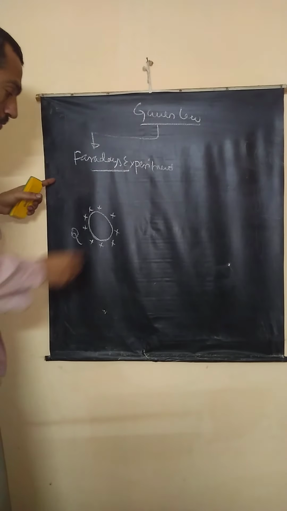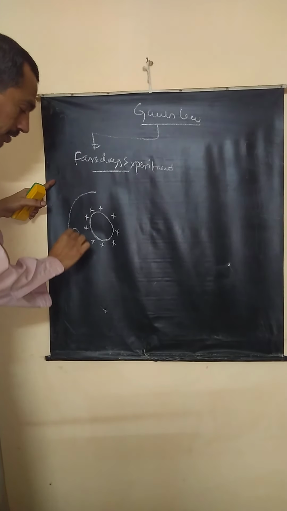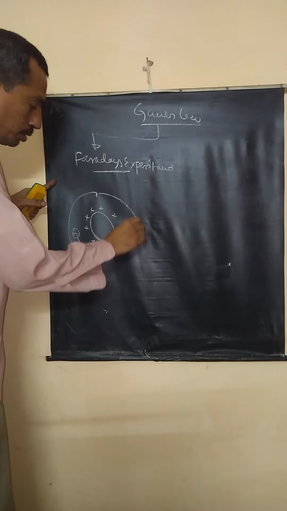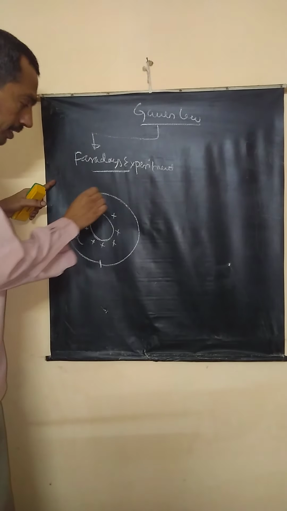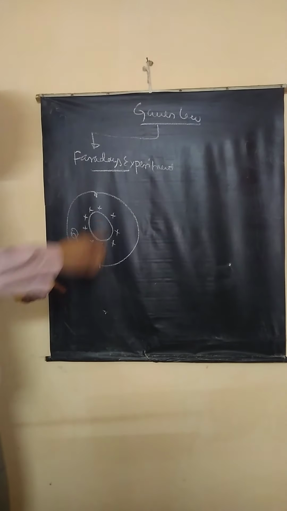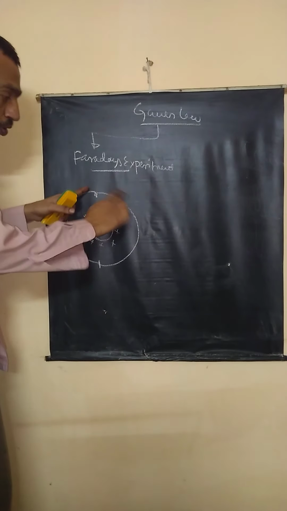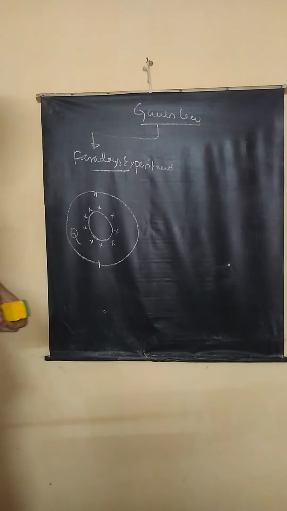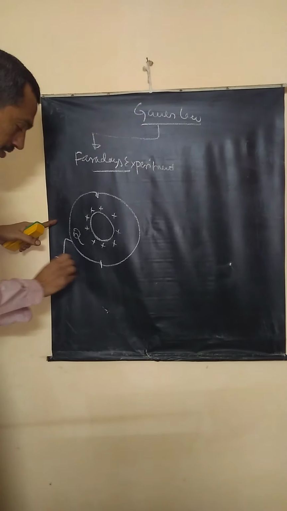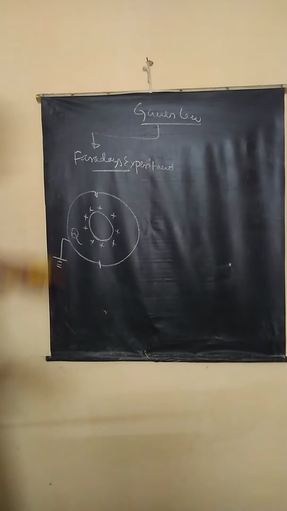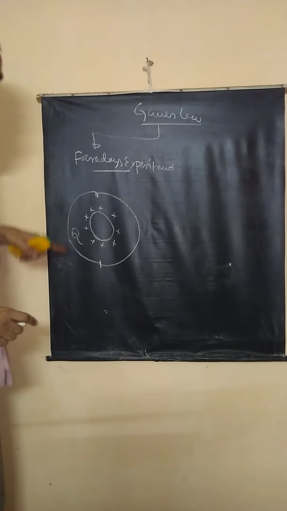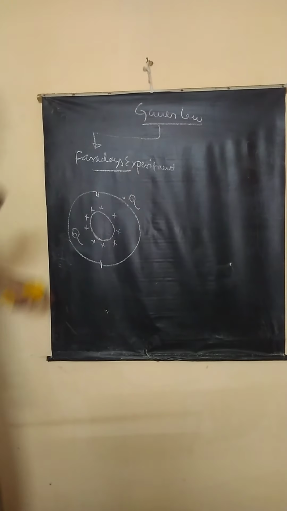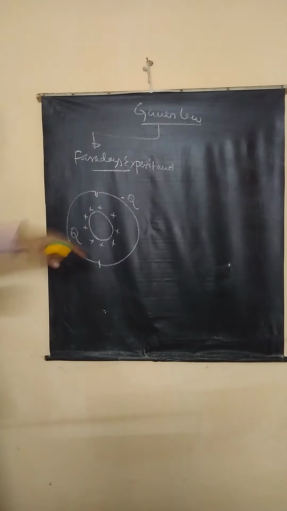Now, he enclosed this sphere with two hemispheres like this. This sphere was enclosed in another sphere. This was neutral initially. He actually grounded it once. After that, he noticed a charge minus Q on this outer sphere.